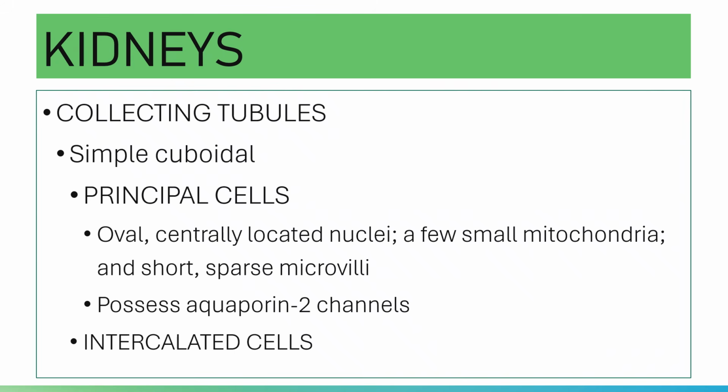Microplicae are present on the apical plasma membrane, and there are also abundant mitochondria. The nuclei of the cells of your collecting tubules are round and centrally located.